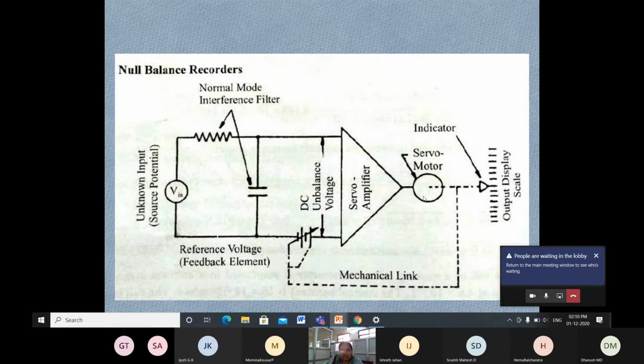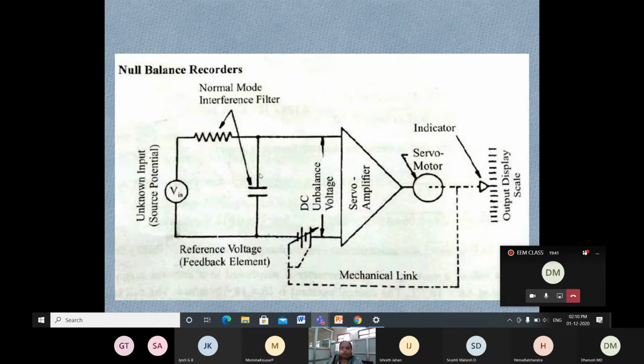A servo amplifier is connected, and from it a servo motor, a small motor. For the motor, an indicator or pen is connected. The pen records on the sheet whatever value is changing. Here the output display scale is connected.